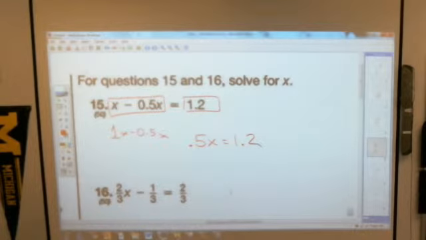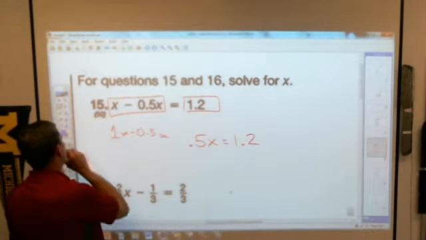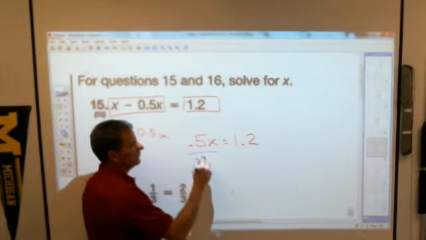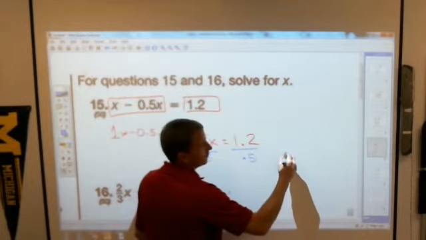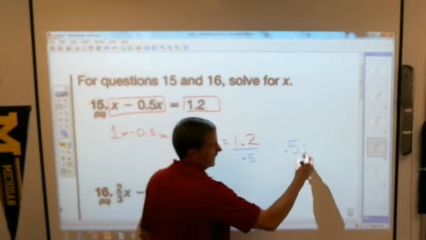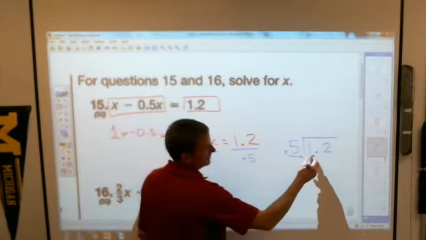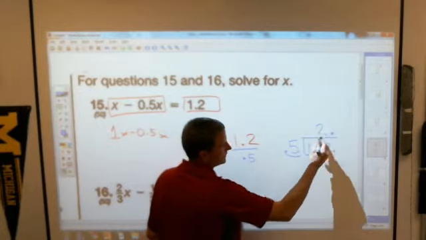That'd be fine. And the other thing, watch out for, please, ladies and gentlemen, make sure you know which one you're dividing by here. I see people put these all backwards. They try to divide 1.2 into 5, and that's not it. You are dividing by 0.5, which means 0.5 goes on the outside into 1.2, which is 5 into 12. 5 goes into 12 twice.